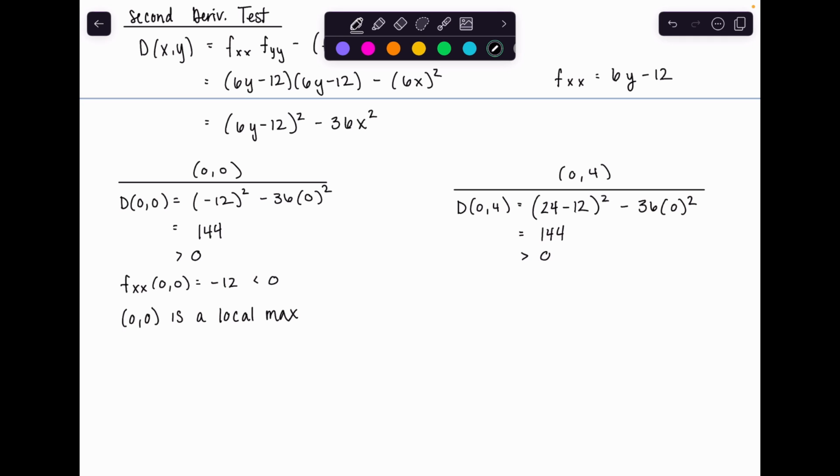This thing is definitely positive. So I need to figure out then what is going on with this partial. If I plug (0, 4) in, that would be 6 times 4 minus 12. That's 24 minus 12. This thing is definitely greater than 0. So that indicates you've got concave up. So this is a local min.